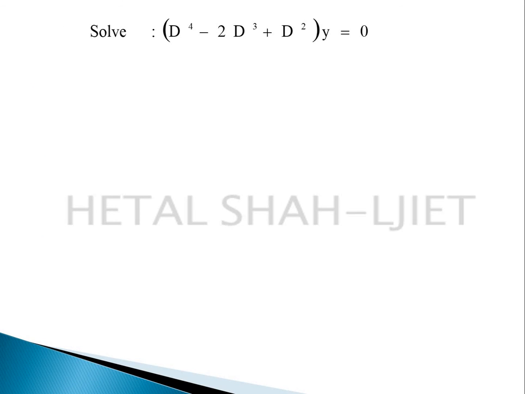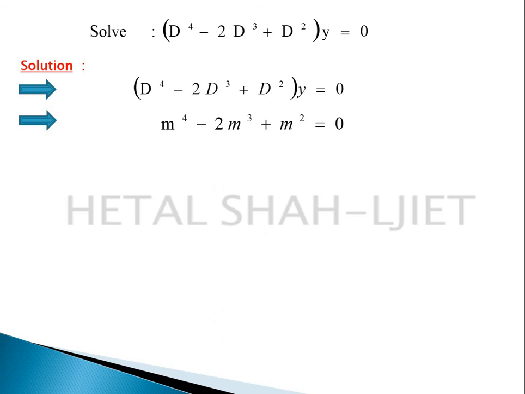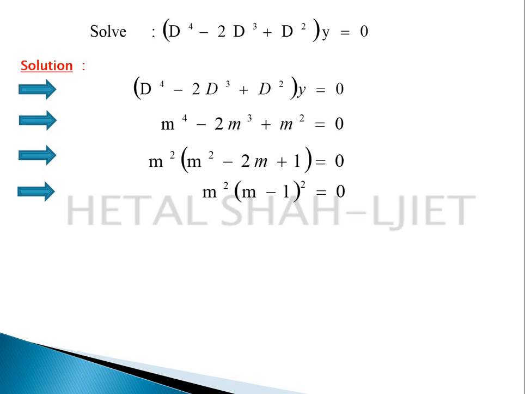For the next example, (D raised to 4 minus 2D cube plus D square) y equal to 0. Our auxiliary equation is m raised to 4 minus 2m cube plus m square equal to 0. If we take m square common, then m square (m square minus 2m plus 1) equal to 0. So m square (m minus 1) the whole square equal to 0. So our roots are m square equal to 0, that is 0, 0, and (m minus 1) whole square equal to 0, that is 1, 1.